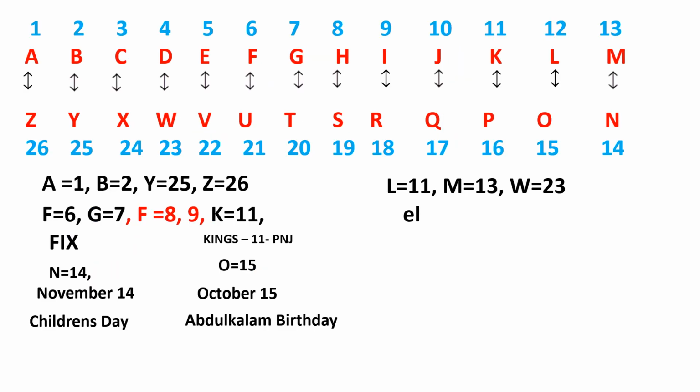Now, before going to letter coding, number coding, substitution, first we need to learn the positions of letters. Here it has already been written from A to Z. From A to M is the first half of the alphabet, that is 1 to 13.